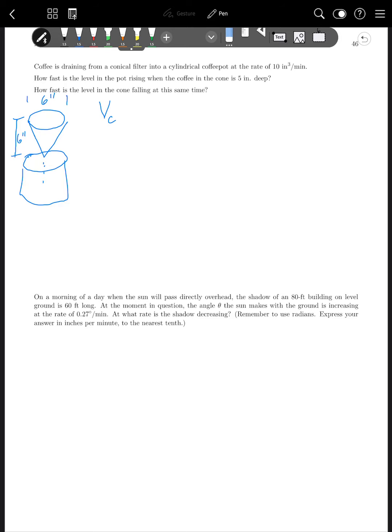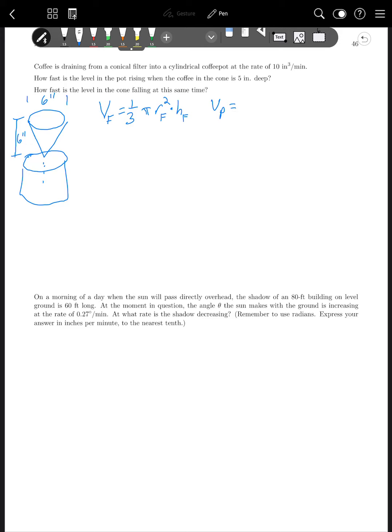Actually, let's do it this way. Let's use F for the filter. So V sub F is 1/3 pi R squared times H, and let's use subscripts of F on those to say that we're talking about the filter. And then we've got the same thing for the pot.